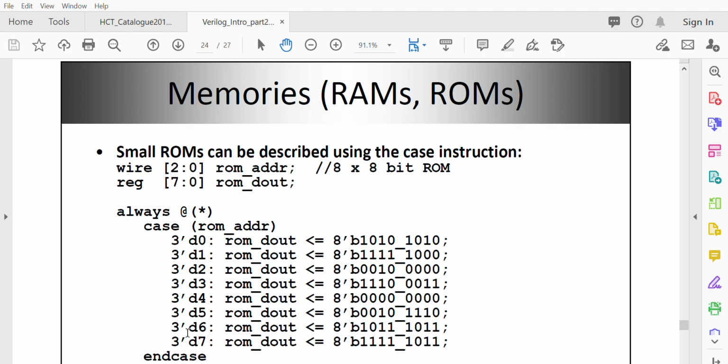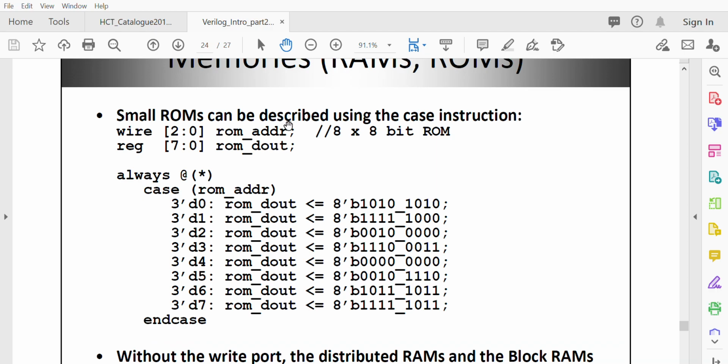So memory is RAM and ROM. A ROM is just a memory that is actually a case statement. You can decide to create a ROM by just having an address and a wire, and then a series of muxes, and you assign constants depending on the value of the address.